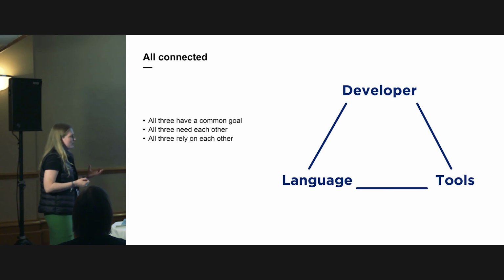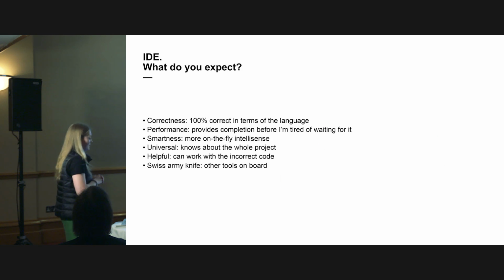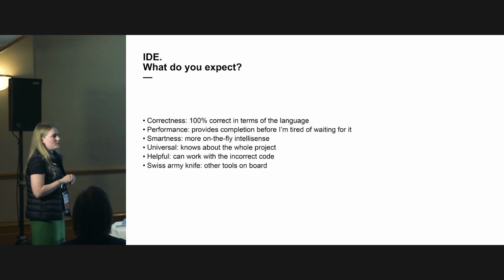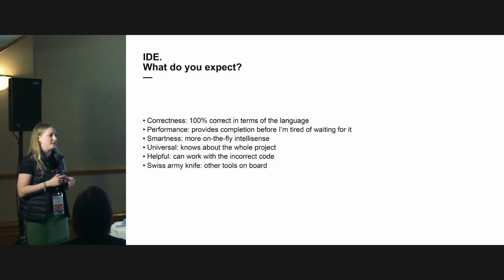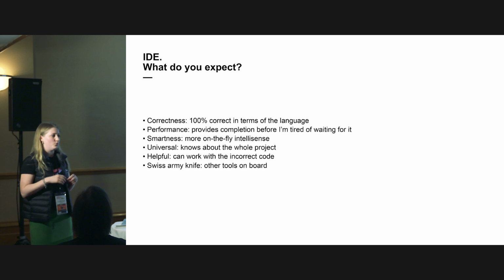So, if we look at the IDE, just for you to better understand the reality we are actually facing. If you ask anyone what they expect from the IDE, the first answer could be correctness. People expect that the IDE understands the language 100% correctly, with no false positives and no red code.